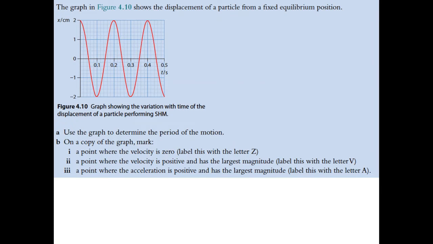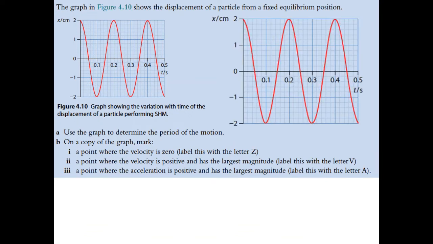B II, a point where velocity is positive and has the largest magnitude. We know the velocity is max when the displacement is 0, and the gradient of the displacement time graph gives us the velocity.